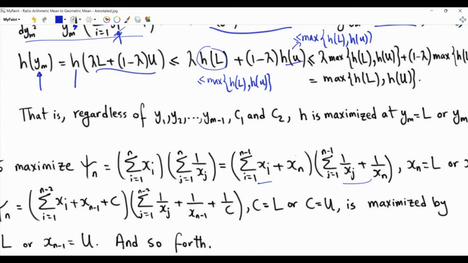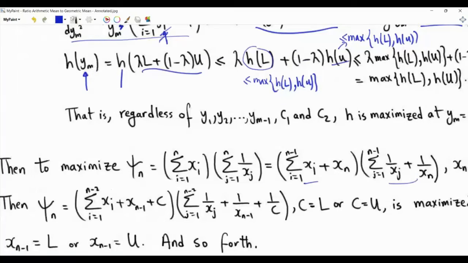If we think of this as a function of xn, then it's a convex function regardless of the other x's, and it is maximized with xn equal to L or xn equal to U. So now what you can do is that you put xn equal to L or equal to U. This is to be investigated later.